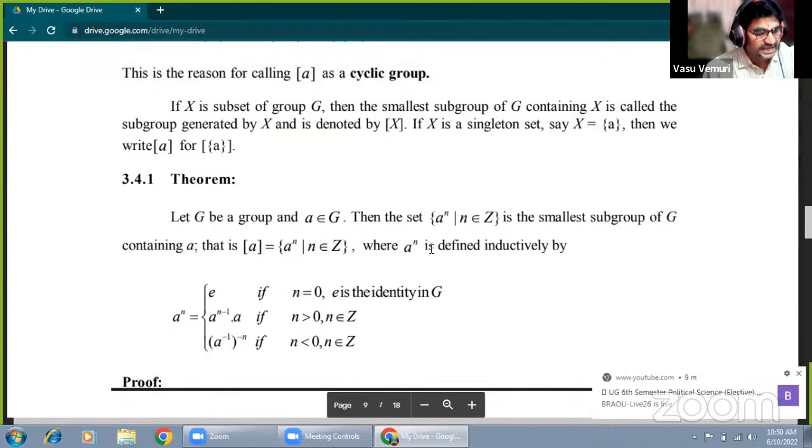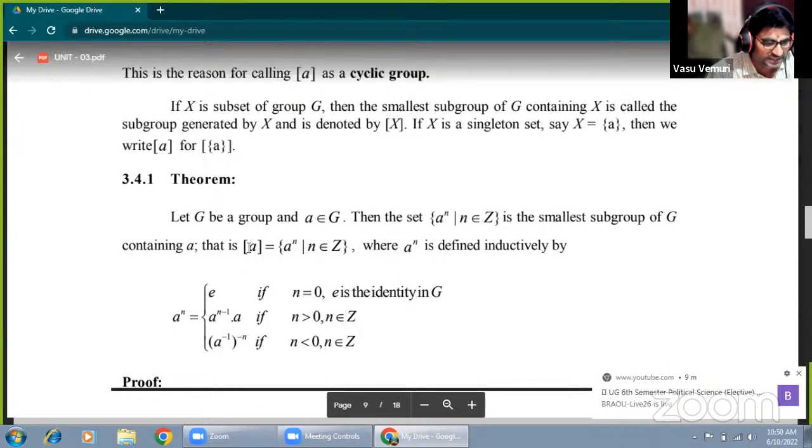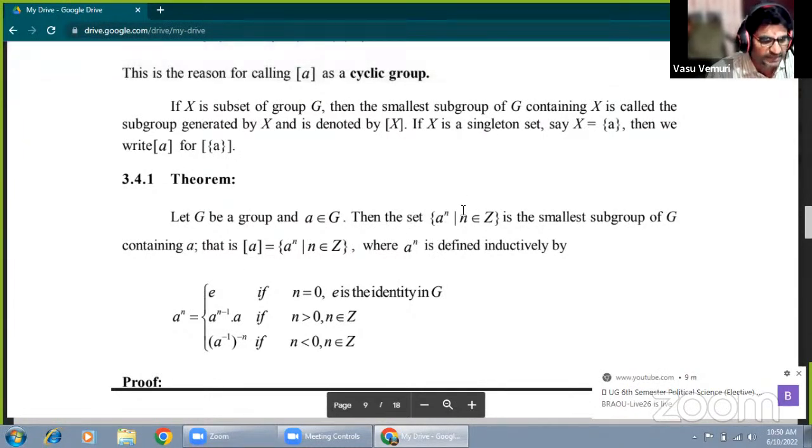Now a group generated by a single element is called a cyclic group. The integral powers of the element a form the set {a power n}, where n is an integer. The group generated by a equals {a power n}, because here n must be an integer.